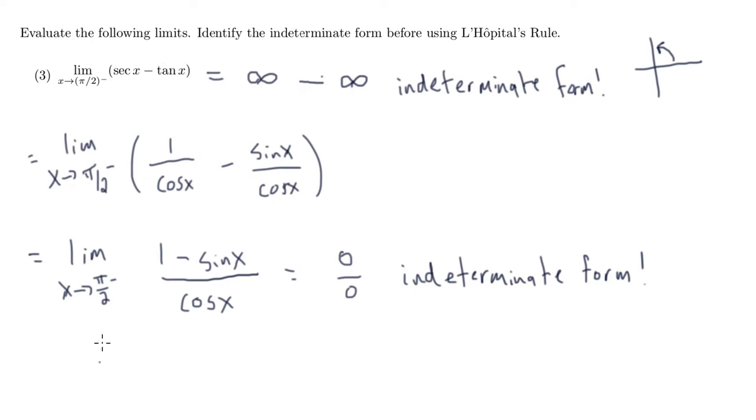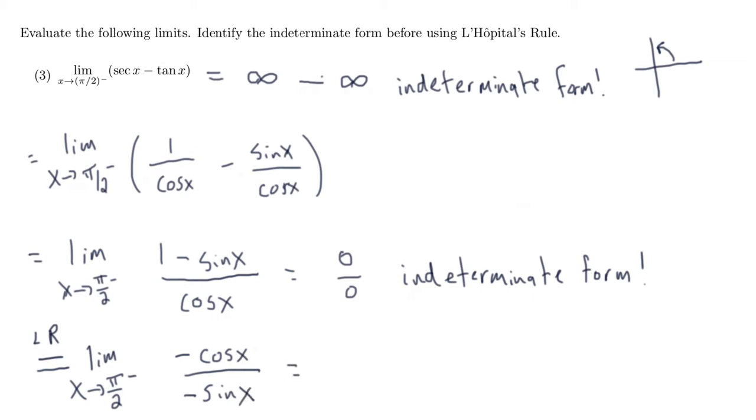Okay, so now we can say this is equal to, by L'Hopital's rule, the limit as x approaches pi over 2 from the left, derivative of the numerator, so 0 minus cosine x, so minus cosine x over, and then the derivative of cosine is negative sine x.